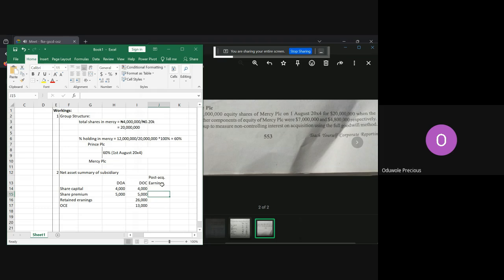Okay. So for the retained earnings, they said it was 7 million, right? Then for the other component of equity it is 4.8.